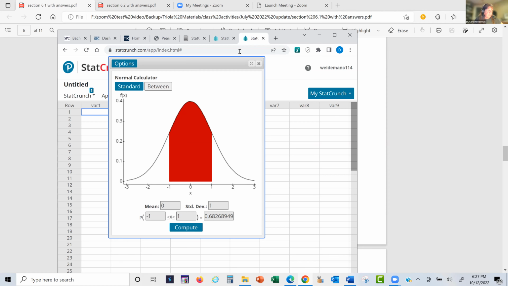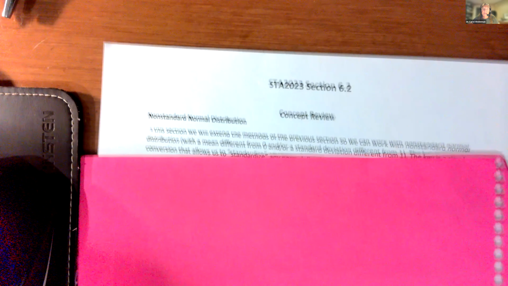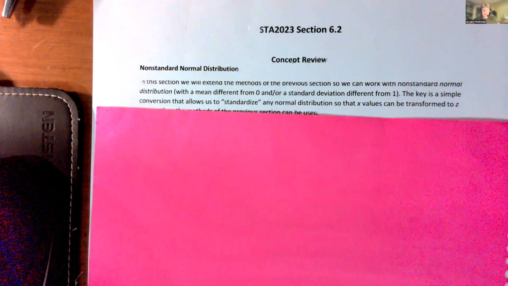All right, so let's go to 6.2. Because 6.2 is going to be real similar to what we just did in 6.1 with just a little tiny bit of a change. What we're going to do in 6.2 is, instead of a standard normal, we're going to have normal distributions with any mean and any standard deviation.